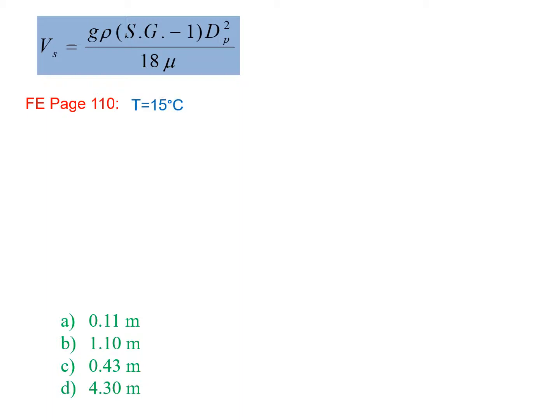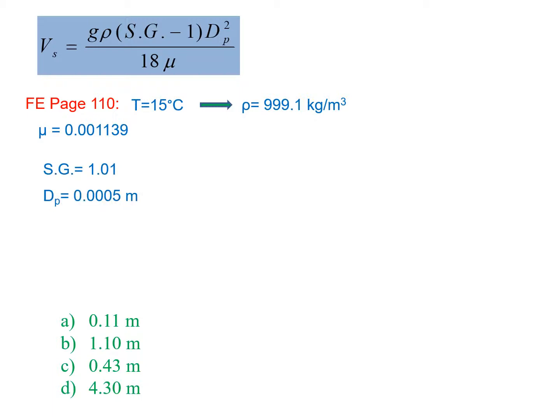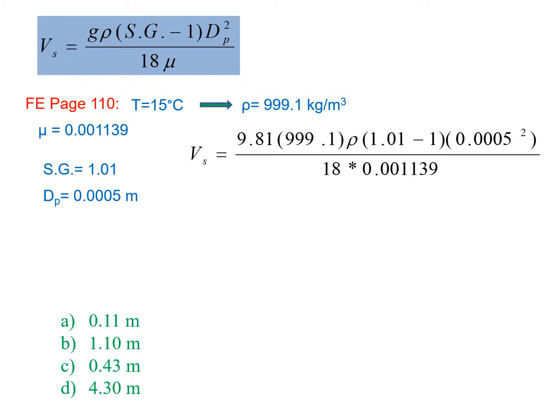So let's see it. For temperature of 15 degrees Celsius, rho is 999.1 kilogram per meter cubed, and mu from the same table will be 0.001139. Specific gravity is given 1.01. Diameter of particle is 0.0005 meter.